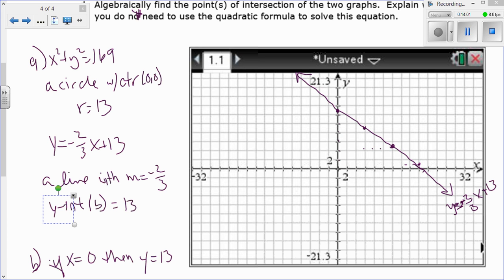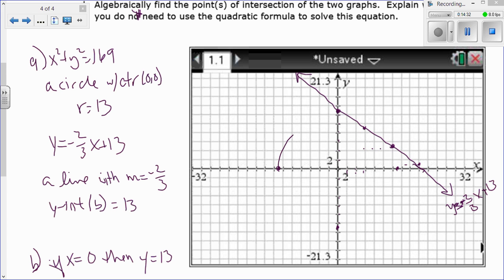And then I have to do a circle, the radius of 13. So that was 13: 2, 4, 6, 8, 10, 12, and then halfway in between is 13.